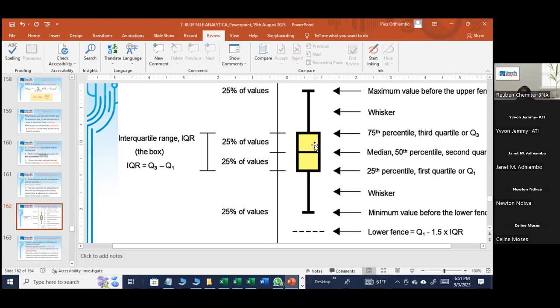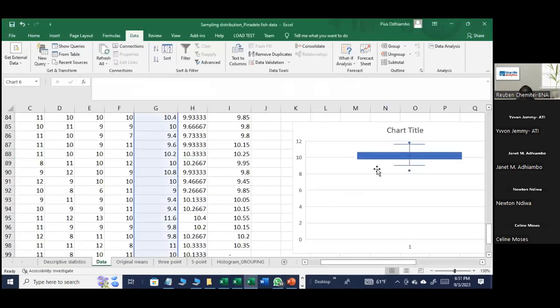But sometimes you will find that the middle line of the box is closer to the lower part than the upper part. So it is not just a picture. It gives you what the data is looking like. And we are going to use this data here to demonstrate that.